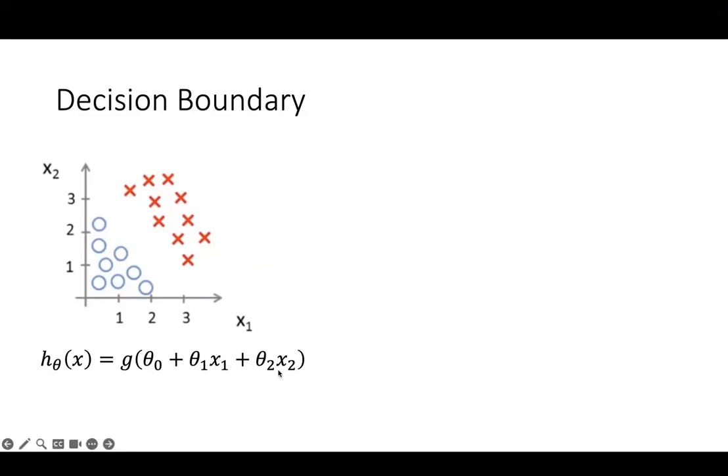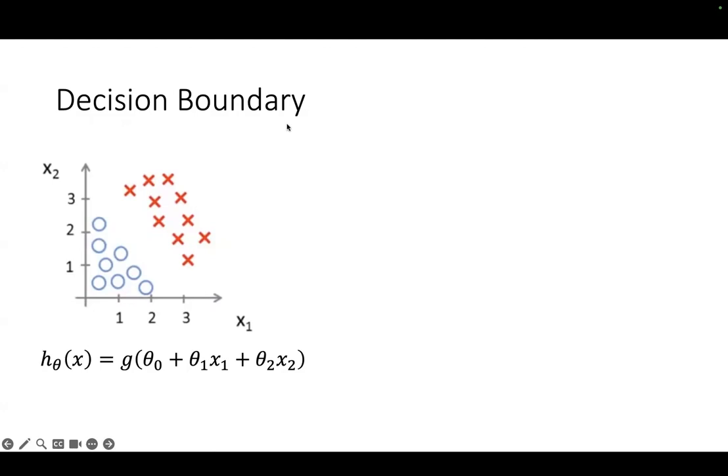So let's try to use yung ating sigmoid or logistic function. Obviously, there's a line that will separate this data set from this data set. And we call that line the decision boundary.